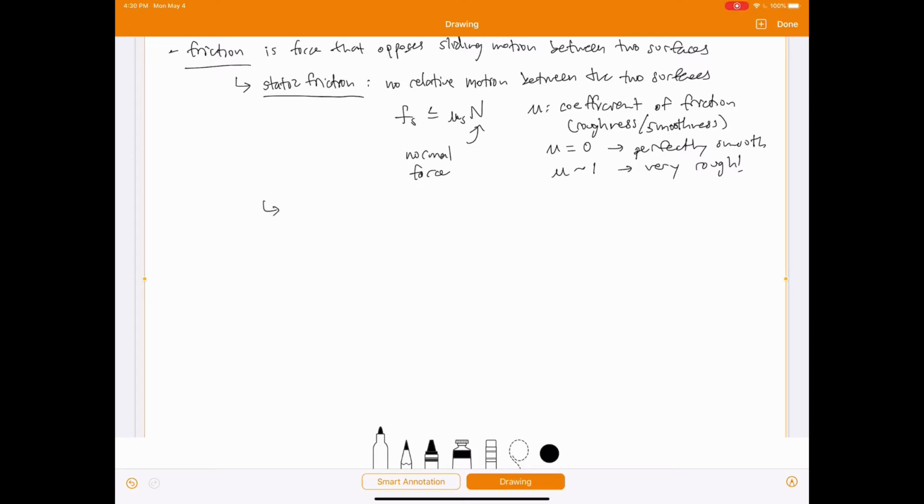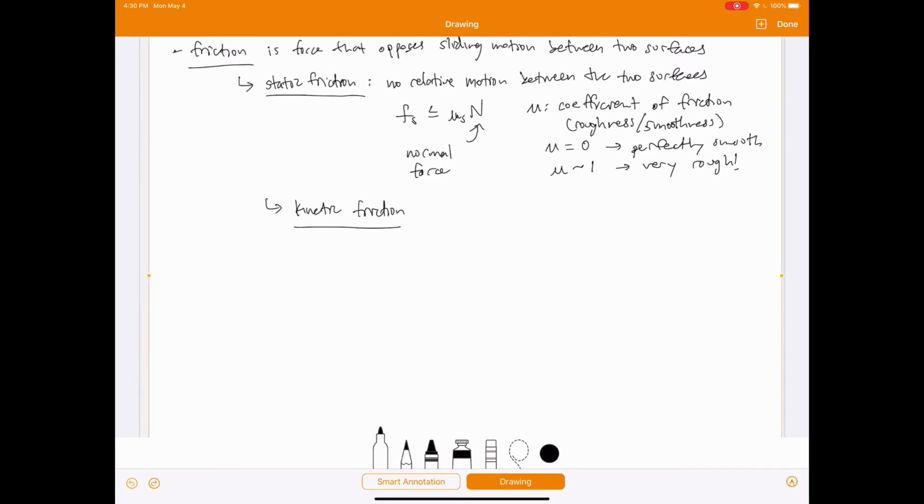Okay, the other type of friction is called kinetic friction. And you can probably guess this is when there is relative motion, or there is sliding motion between the surfaces. Okay, in this case, we use Fk, and it's not given by an inequality.